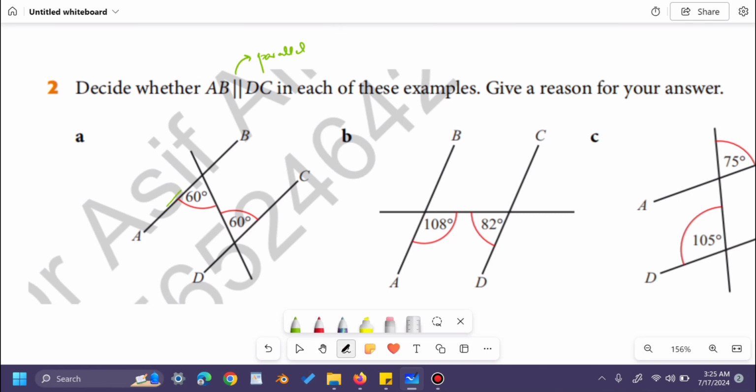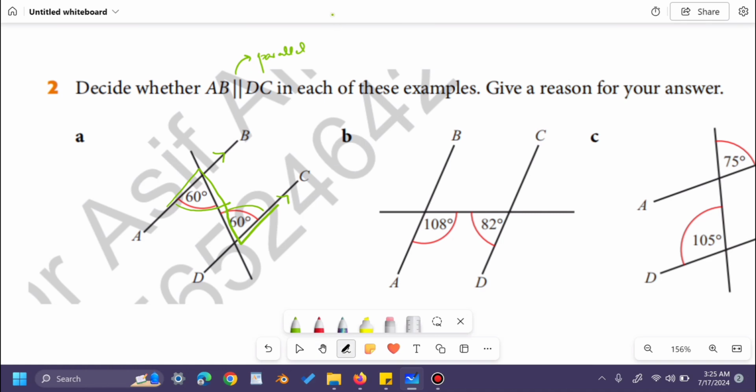I can see a Z angle made over here. That means these are alternate angles and they have to be the same. If they are the same, that means these lines are surely parallel lines. So 60 and 60 are equal. That's why we can say that AB and DC are parallel.